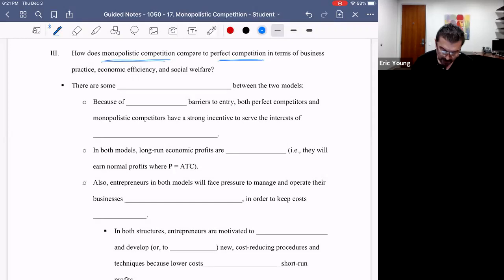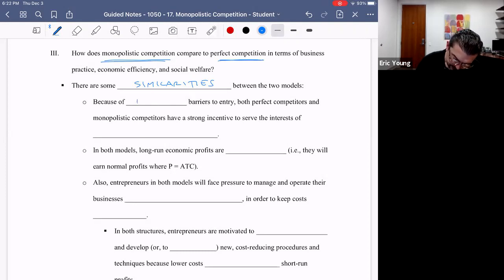The first thing to bear in mind is that there are definitely some similarities between the two models. Okay, so when you look at business practice, there are some similarities between PC and MC. What are some of those similarities?